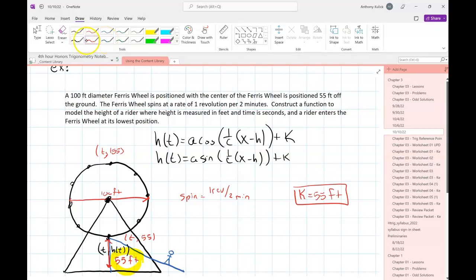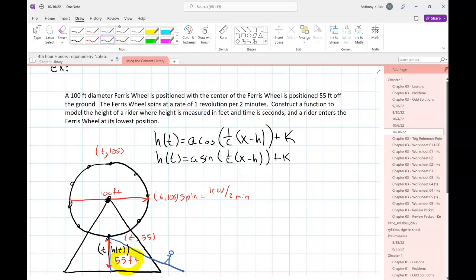Yep, so what height is in the middle there, though? 105, right? And Mr. Kulik's already screwed this up, huh? The K isn't 55, is it? Mr. Kulik, you dum-dum. I made a mistake. So what's the K really here, guys? The 105. What do you mean, what?